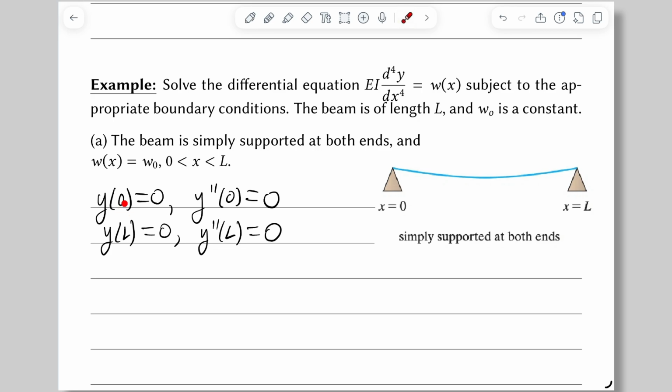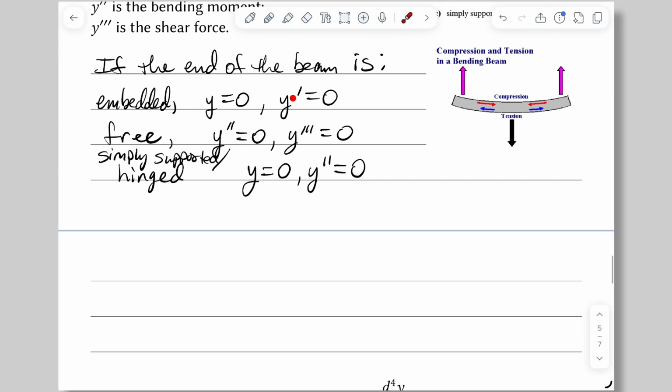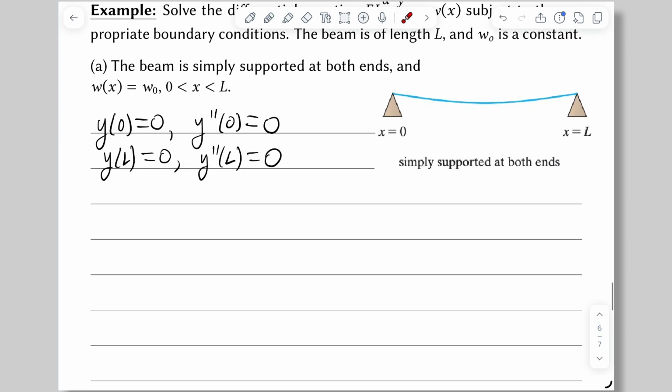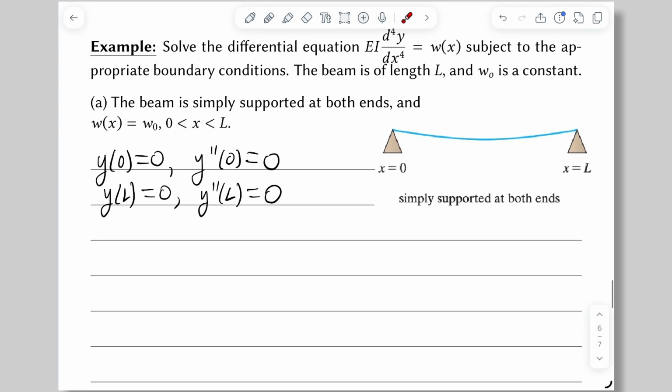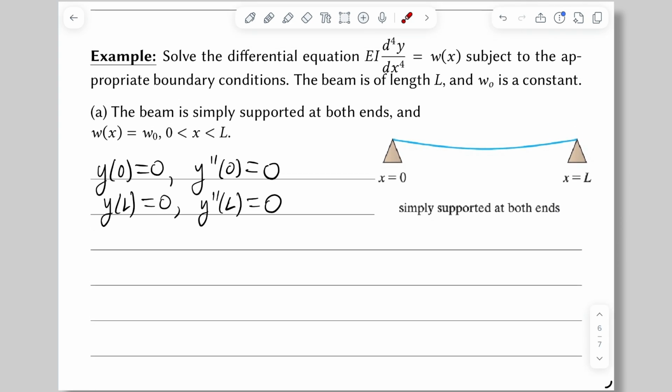Notice we have information about different values for the independent variable, making this a boundary value problem. If we were simply supported at one end and embedded at the other end, pick one of them to be 0, one of them to be L, and then grab the appropriate boundary conditions to proceed with solving the differential equation.